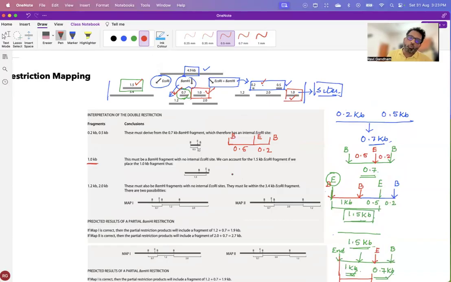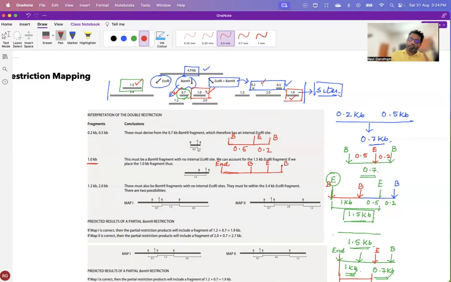So now the map that we are slowly progressing towards is like, this is the end of the chromosome. Now this is digested with BamHI here. And then you have an EcoRI here. And then you have a BamHI here.